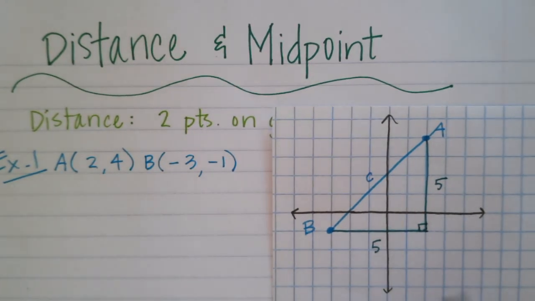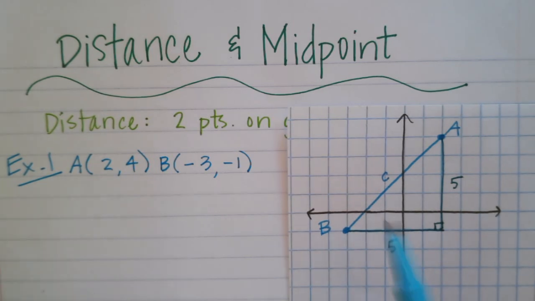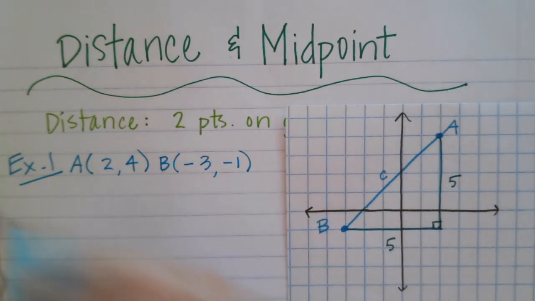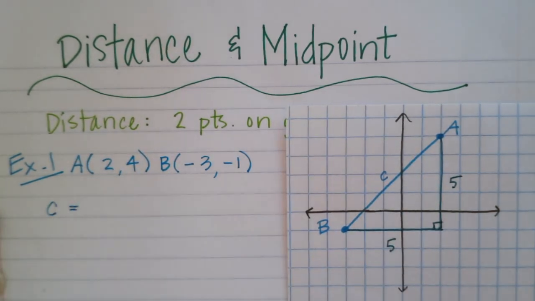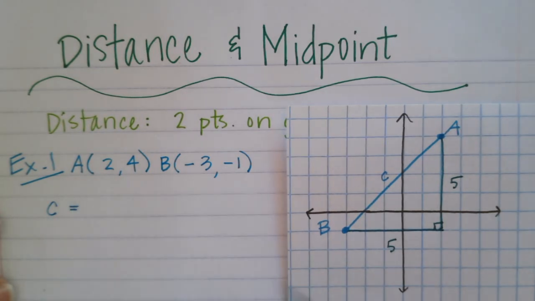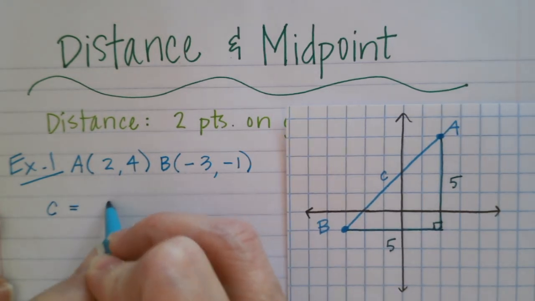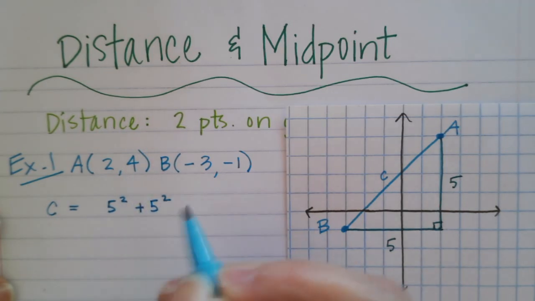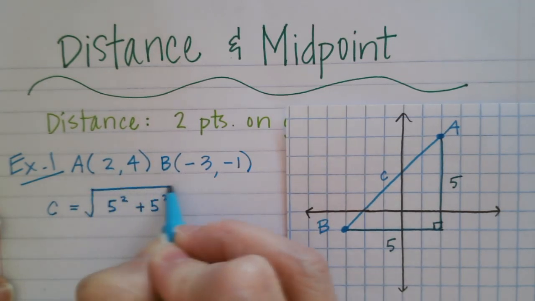We know that A squared plus B squared equals C squared. But we can also figure out C by taking A squared plus B squared and then taking the square root of it.